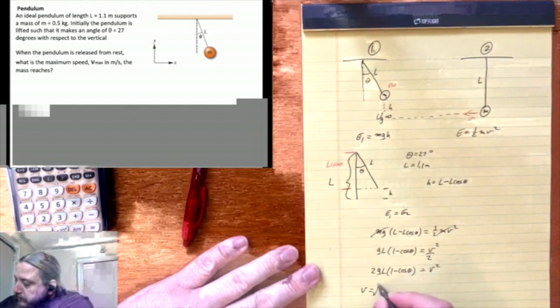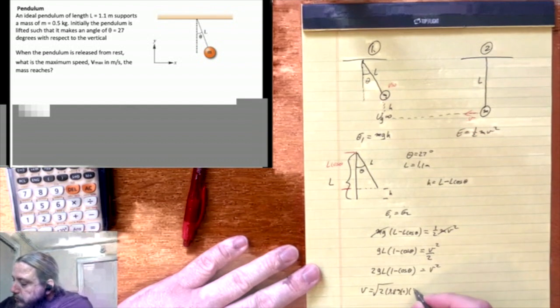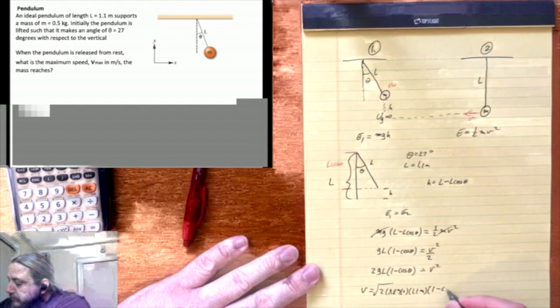So our speed is the square root of 2 times g, which is 9.8 meters per second squared, times our length, which is 1.1 meters, times 1 minus the cosine of 27 degrees.